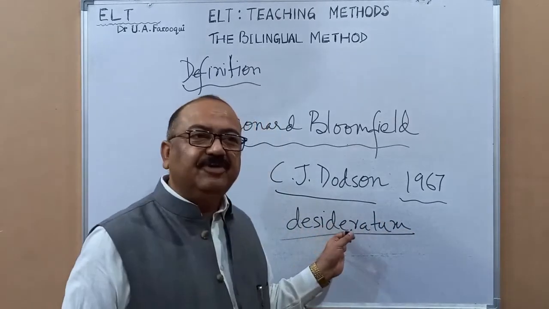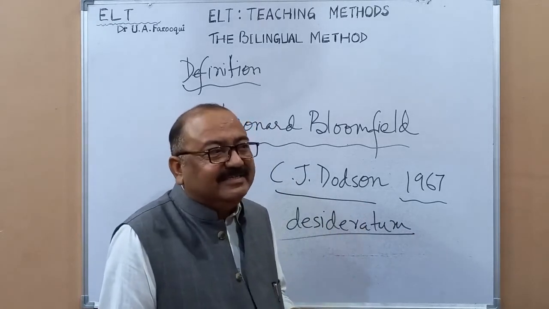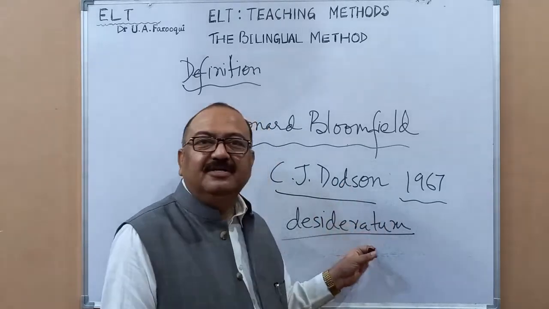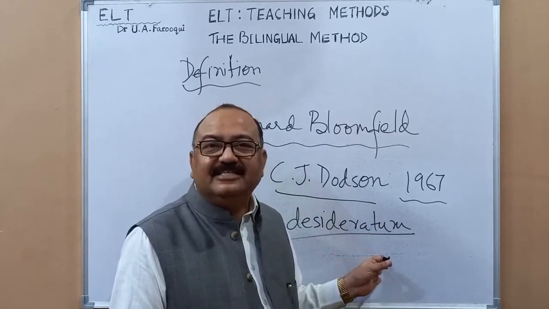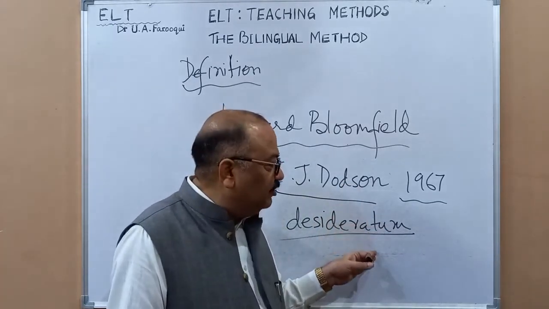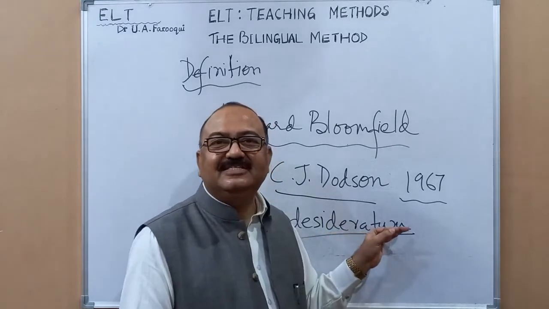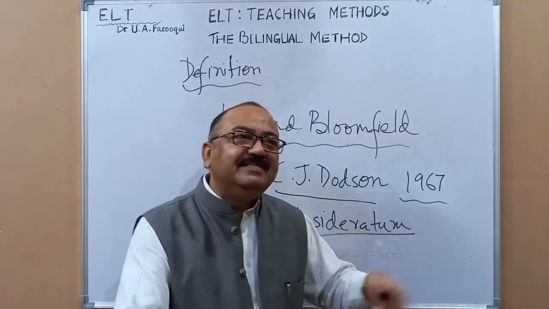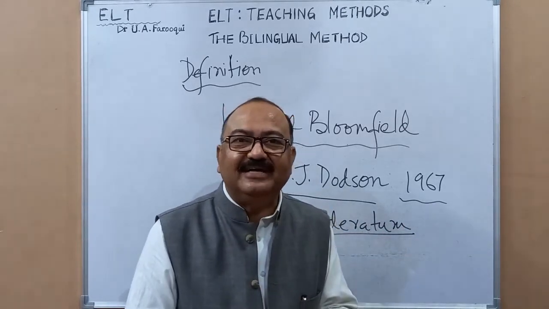What does it mean? Desideratum. Now suppose had I been teaching through the direct method, then I would have said that it means prerequisite, it means essential, it means important. But suppose a teacher is teaching the foreign language through the bilingual method, then what would he say? Desideratum means ati mahatpurn. Now this would be very easy for students to understand.